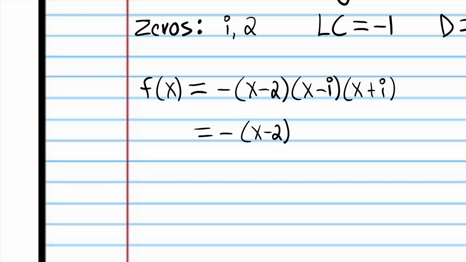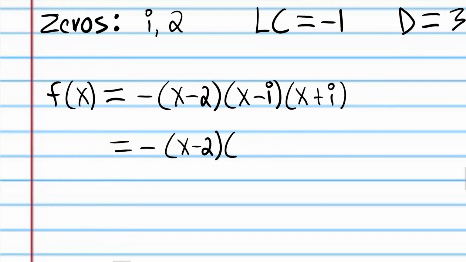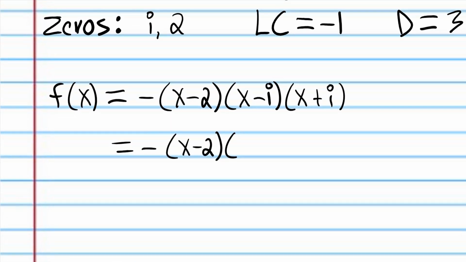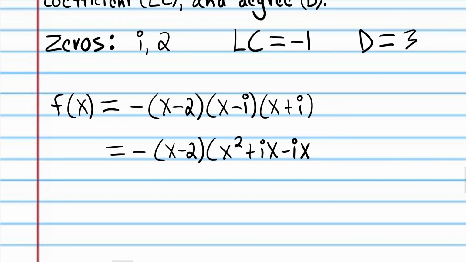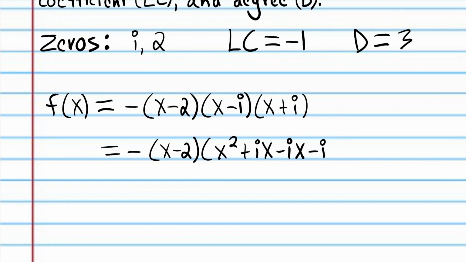So I'm going to multiply the second two factors. So we have x squared and then plus ix minus ix, and then the last factor is going to be negative i squared.